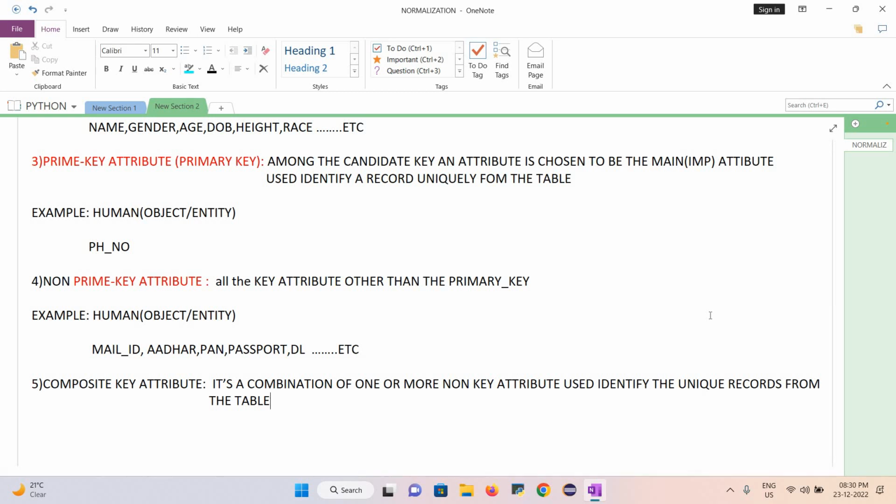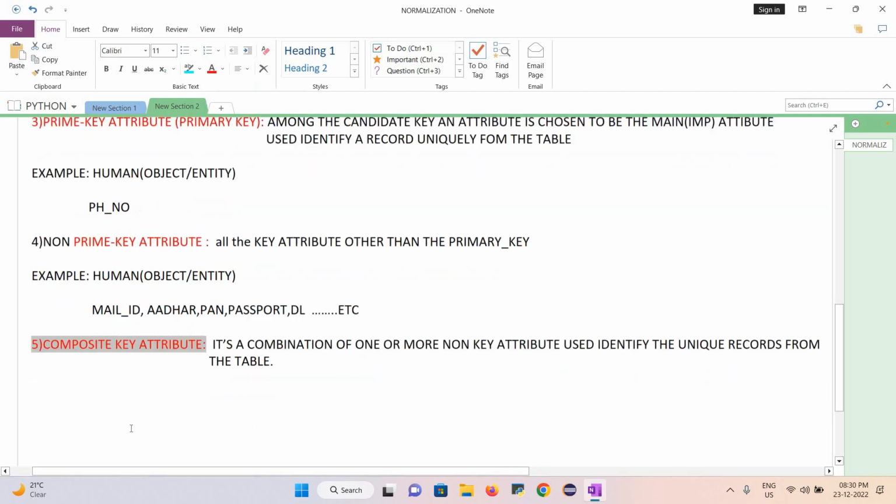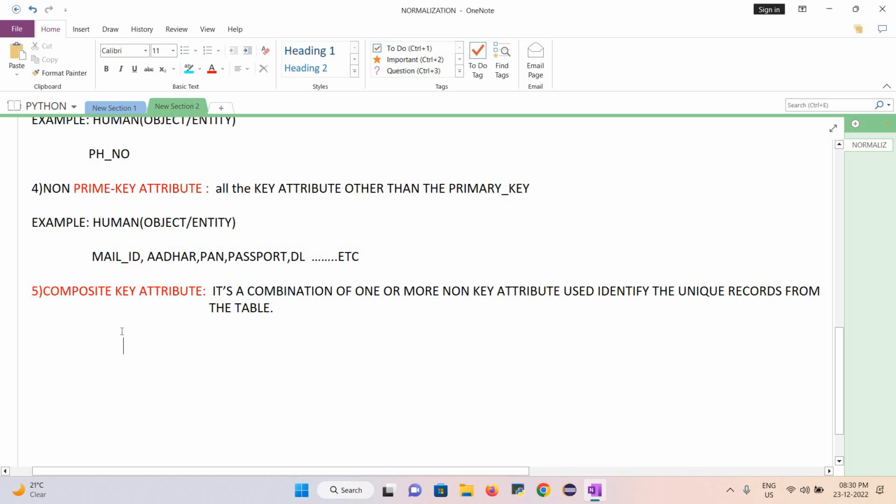So using these non-key attributes, we are going to get the result. Okay, actually we'll get confused, so I'll give a very simple definition to understand this. Just a minute. Yes, I'll give one definition. What is the definition of composite key attribute? We have to identify when it will be identified.